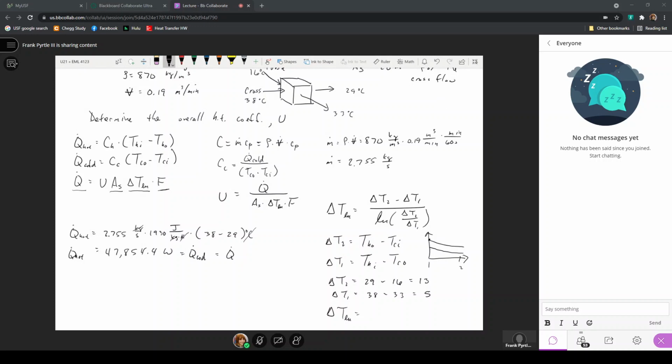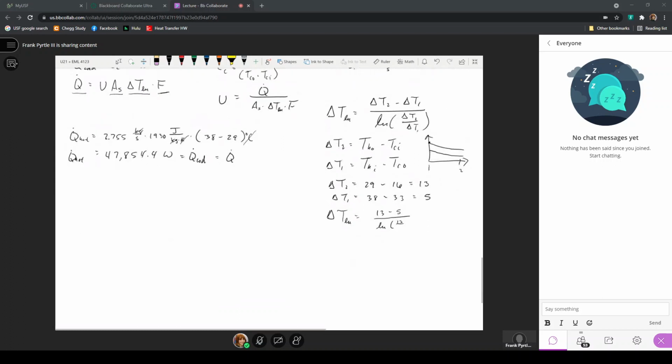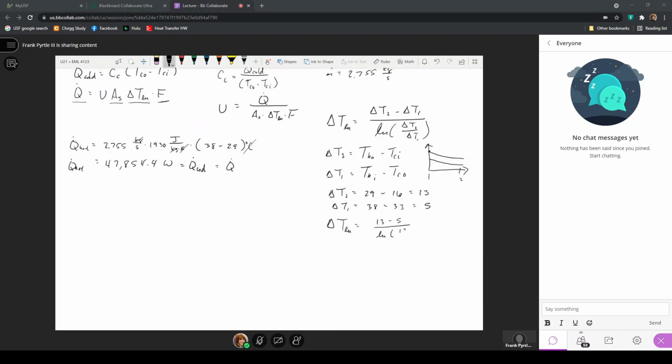So delta T2 is 13 degrees minus delta T1 of 5 degrees divided by the natural log of 13 divided by 5. So this expression, 13 minus 5, over the natural log here of 13 divided by 5.